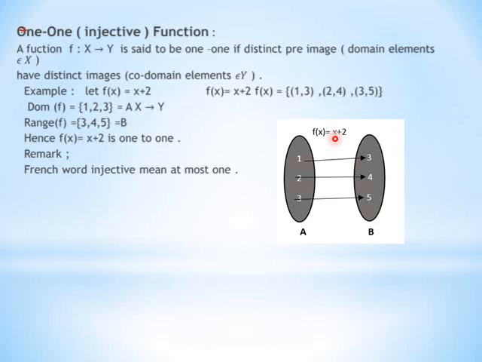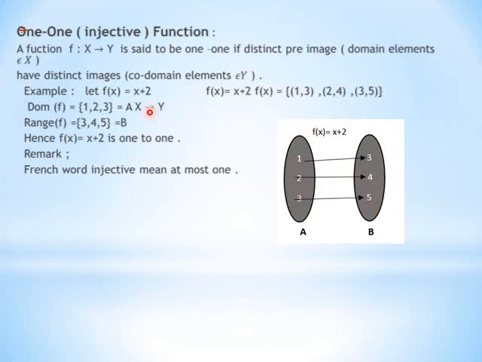If I put x equal to 1, then 1 plus 2 is equal to 3, so f(1) is 3. f(2) is 4. f(3) is 3 plus 2, 5. This is the diagram, and the function is here. Now 1 is mapping to 3, 2 is mapping to 4, and 3 is mapping to 5.